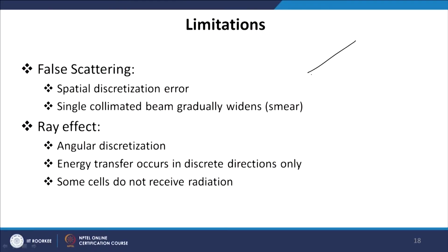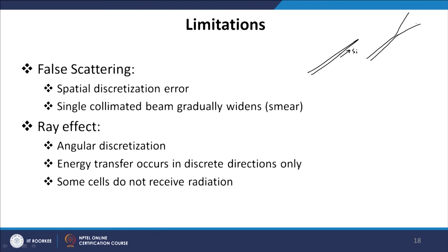Now, how does it basically look? Let us say we have a pencil of rays in a discrete direction SI. Now, as this ray moves, it will basically smear out, that means it will scatter the radiation. So, we will have some kind of scattering effect in the radiation.